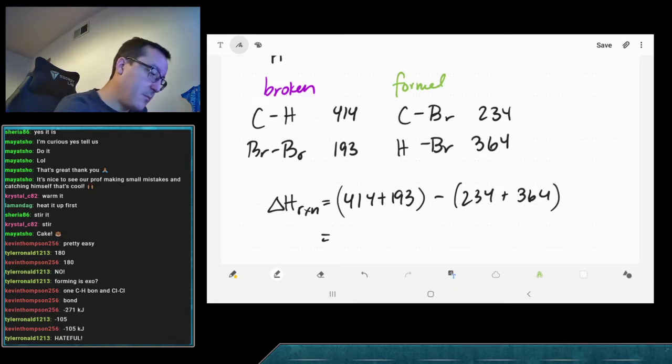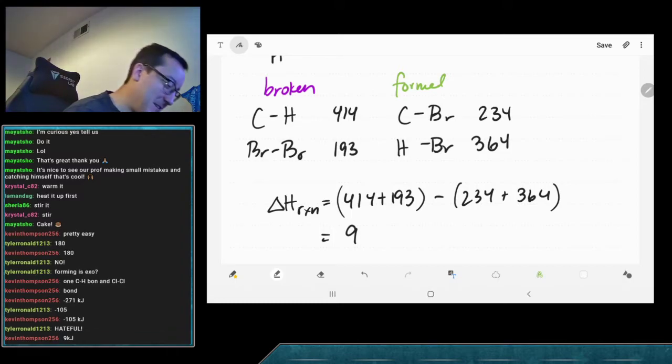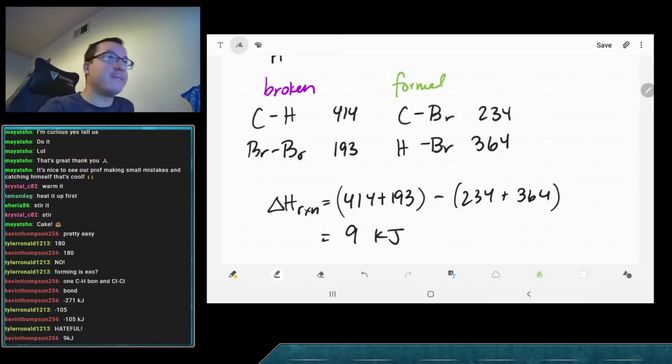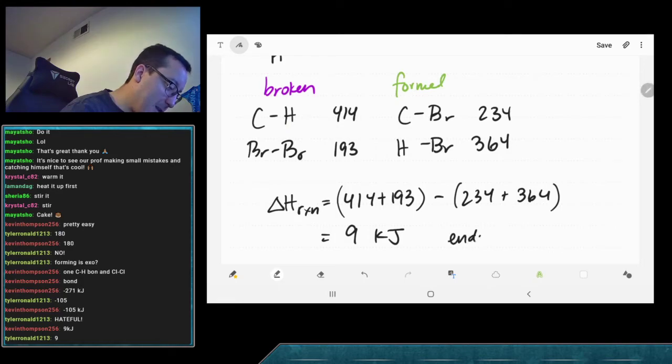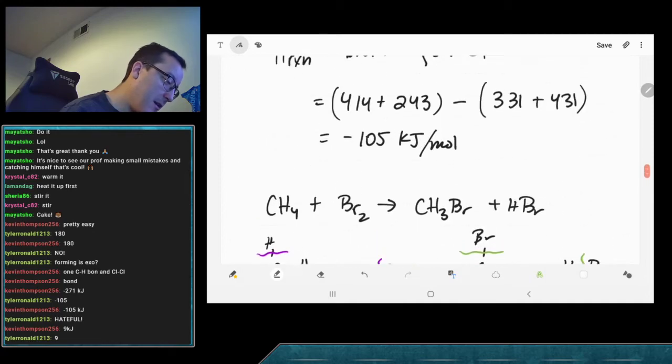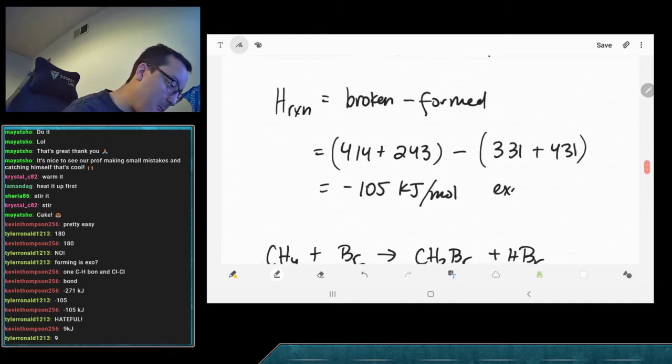Let's go ahead and do the math. 414 plus 193 minus 234 minus 364. Oh, 9. Yes, exactly. So this one is actually endothermic. And this one here is exothermic.